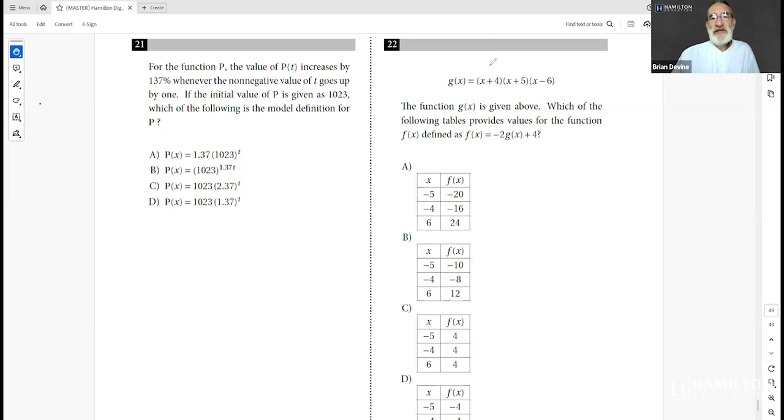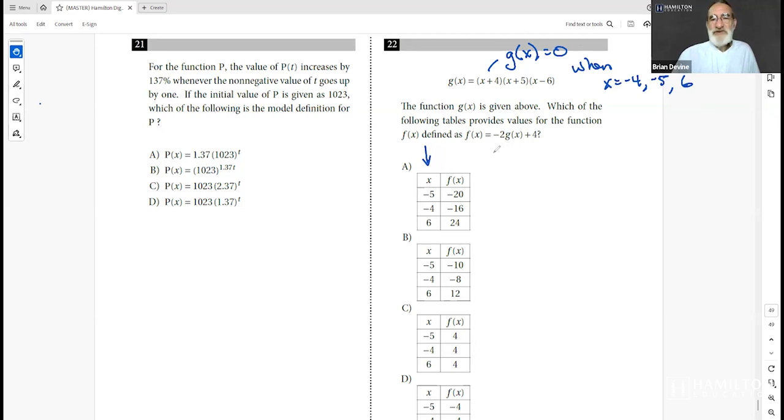Well, note here that if x is negative 4, then g of x equals 0. And if x is negative 5, g of x equals 0. And if x is 6, g of x equals 0. And all of the inputs they gave you in each of these were negative 5, negative 4, and 6.